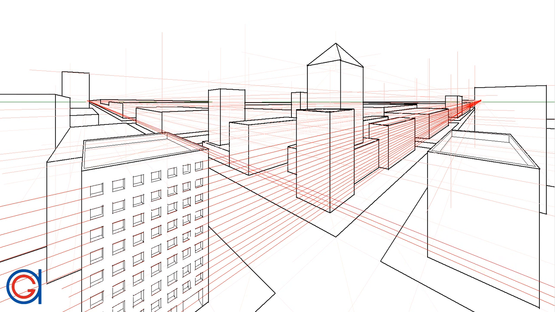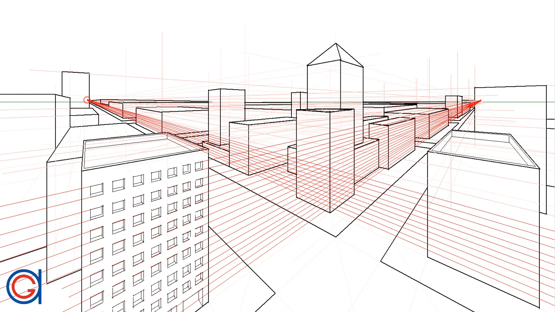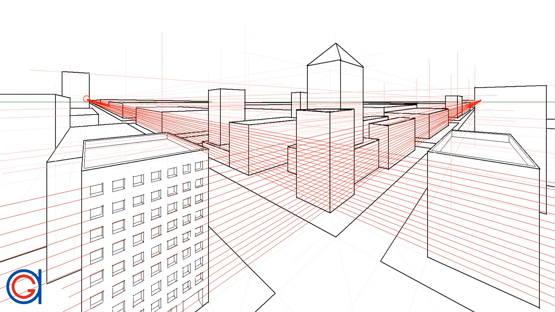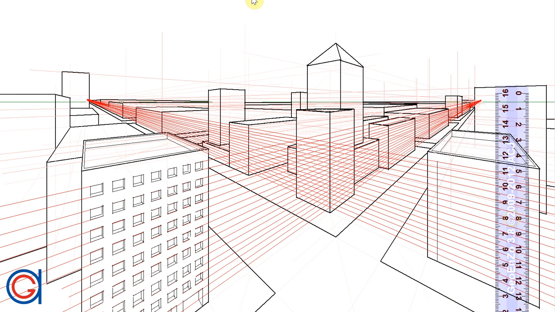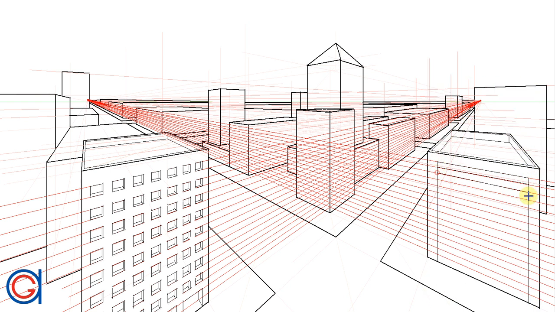So as you can see, using the left vanishing point, we intersect all the previously drawn lines. And now we draw the windows on the building on the right using exactly the same process as before.